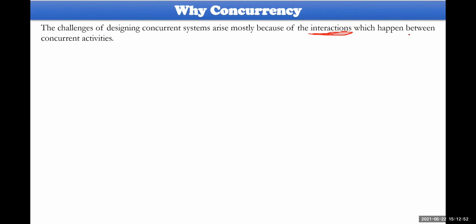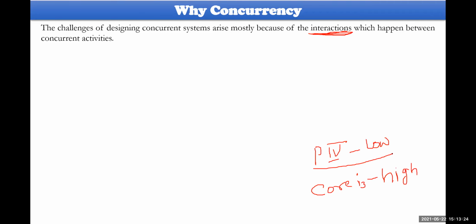Interaction means, for example, one CPU is a Pentium 4 and another CPU is a Core i3. These two are there with us. Pentium 4 CPU speed is very low when compared to this Core i3, which is much higher.